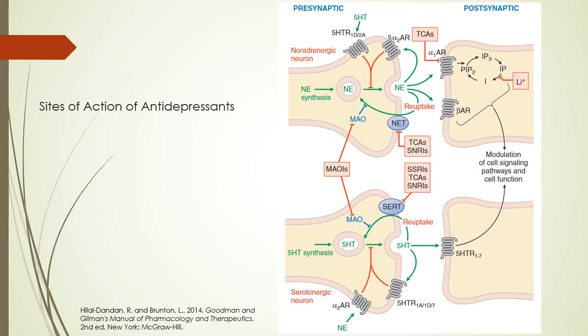Remember that alpha 2 is coupled with G protein subunit I, which means that this G protein subunit I will activate a phosphatase that will inhibit adenylyl cyclase, and therefore there will be a relative decrease in cAMP.